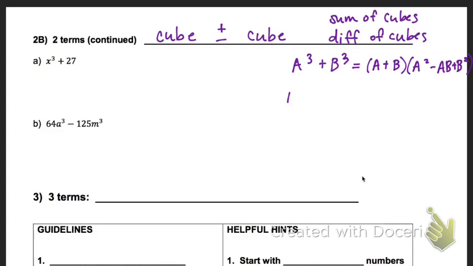If you have a cubed minus b cubed, it looks like a minus b, times a squared plus ab plus b squared. So just write this down and then it'll make more sense. But like I said, you just have to memorize this.